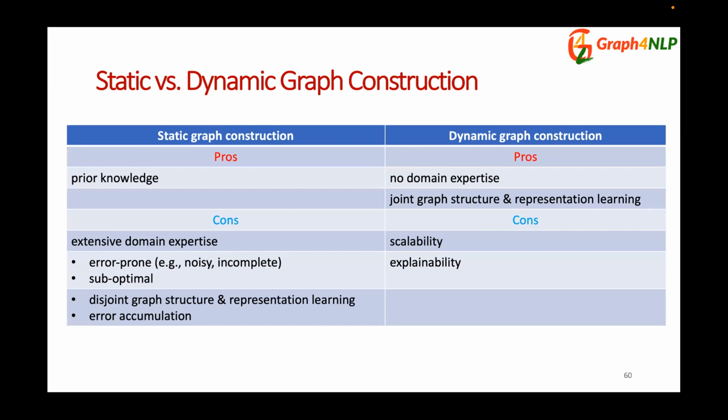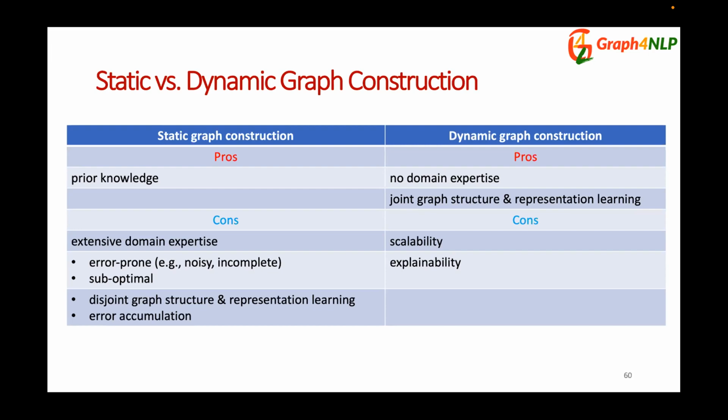Let's first talk about static graph construction. I think the biggest advantage of static graph construction is that it can easily encode the rich prior knowledge in a graph, which can be very helpful for certain NLP applications. But this can also become a downside when it's expensive or not very feasible to obtain such extensive domain expertise.